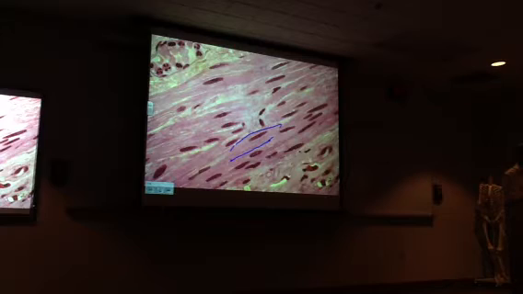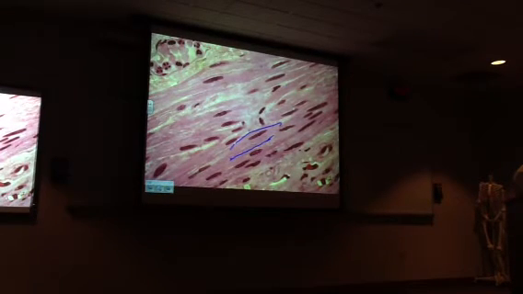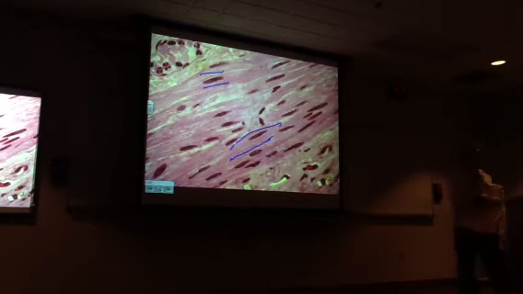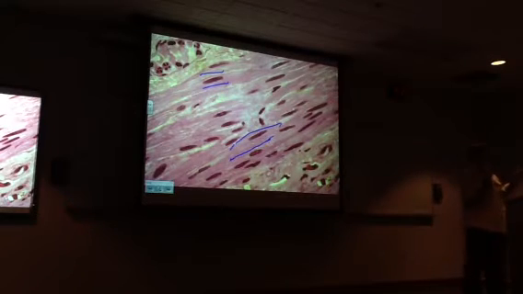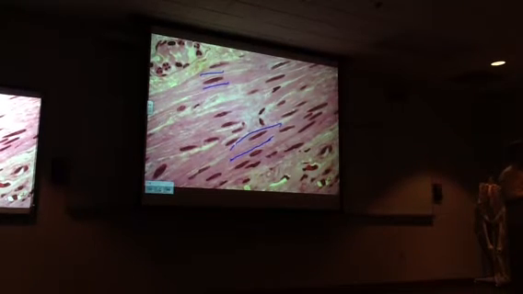And if you trace these, in many cases you can see cell boundaries. And it looks like the nuclei are not at the edges of the boundaries. It looks like they've got cytoplasm all around them. So that kind of suggests that it's smooth muscle.